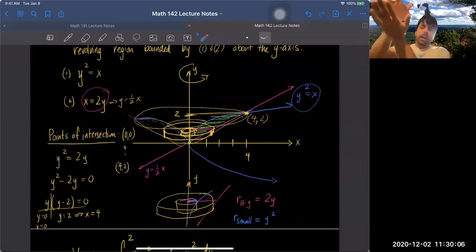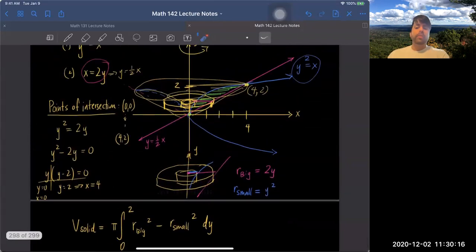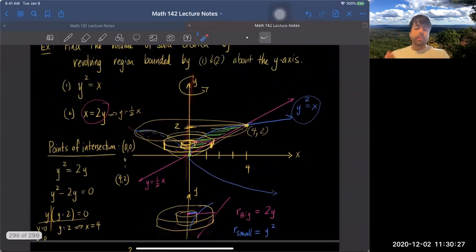So for every additional disk, my radii will be different with respect to y. So that is why, in this case, the radii are based upon functions of y. The outer function here is the function to the rightmost, to the axis of revolution.